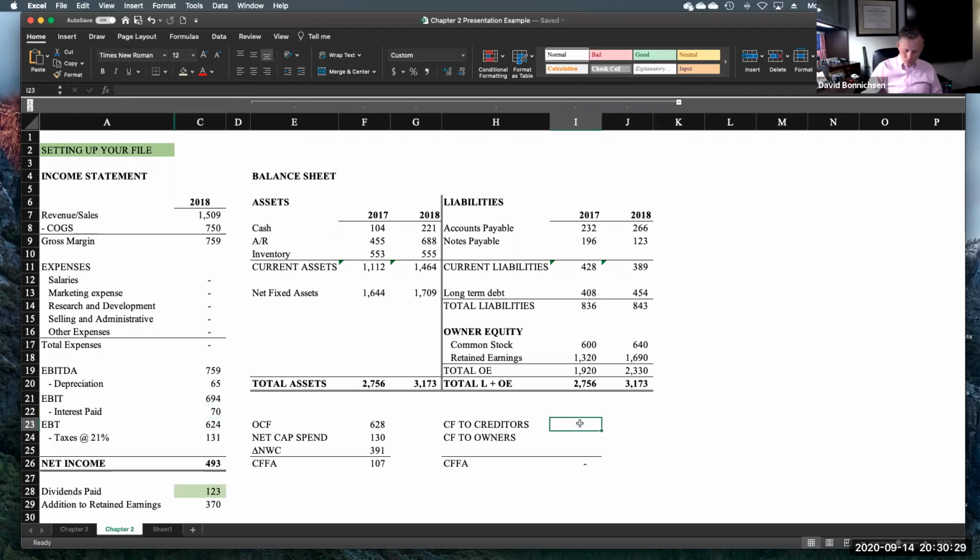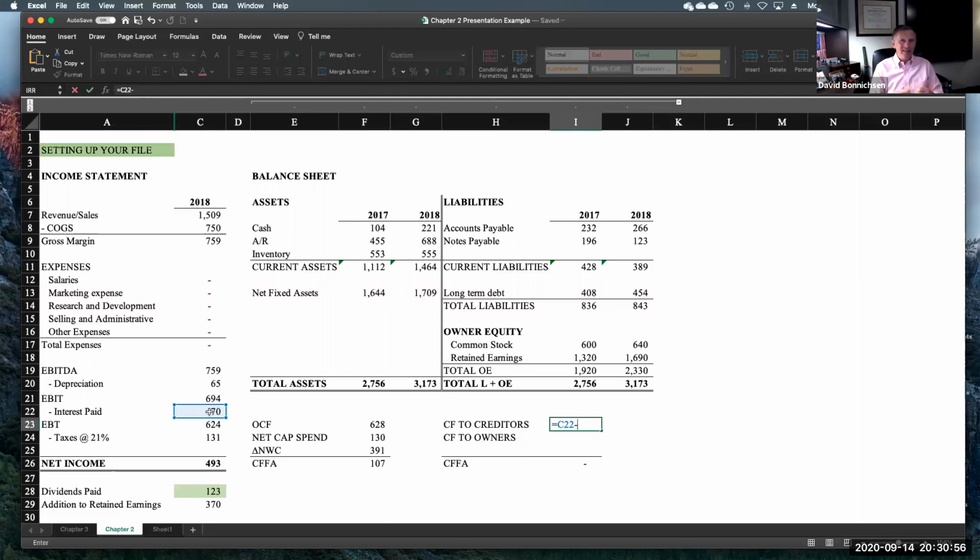So we have equals interest paid. That's how much we paid out to the people we owe money to. And then we have to deduct any new borrowing that we did, because remember that net new borrowing, if that number is positive, is actually a source of cash for the business.